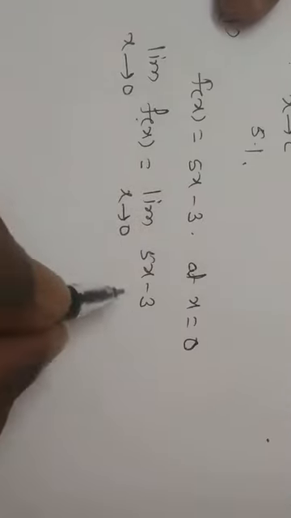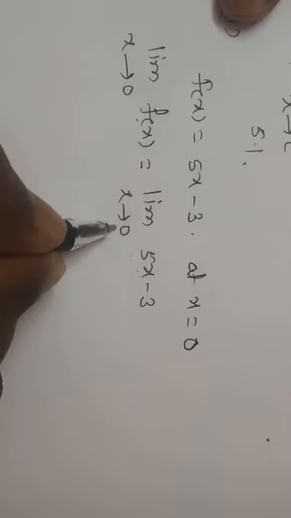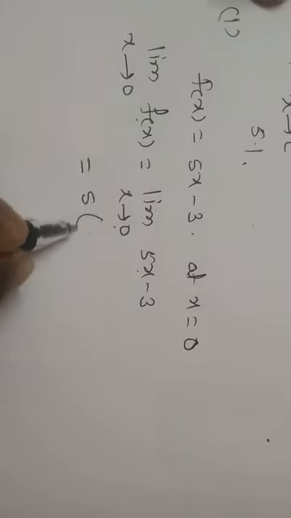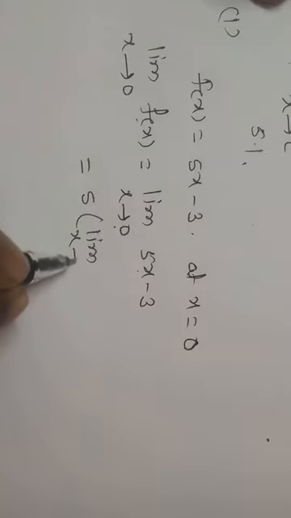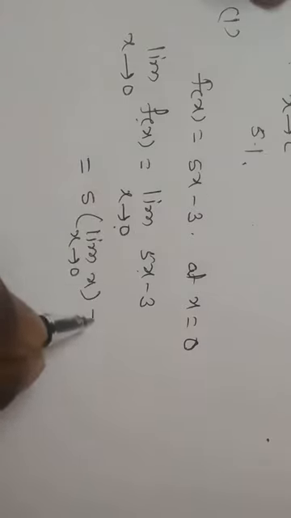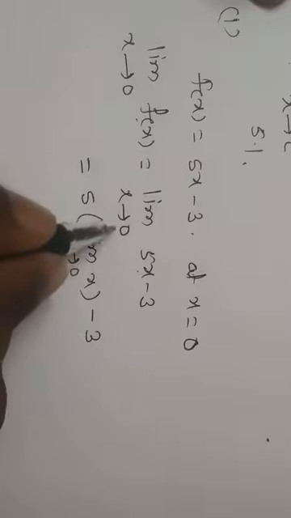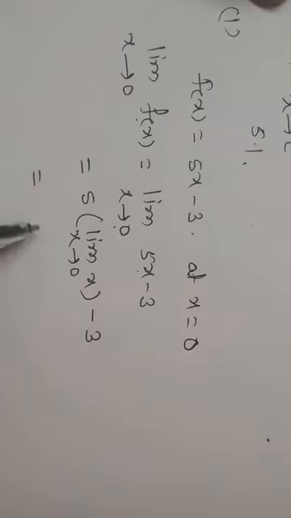Tending to 0 means it is nearly equal to 0 but not exactly 0. That is 5 times limit x tends to 0 of x, minus 3. Because 3 is a constant, it is never affected by this limit. Putting in the limit, 5 into 0 minus 3, the answer becomes minus 3.